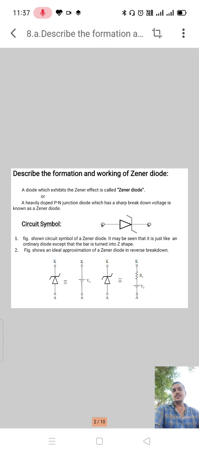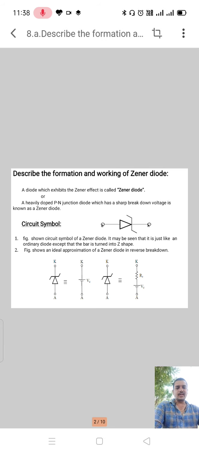Reverse voltage at which current increases suddenly and sharply is one important parameter in the reverse bias characteristics. Next, third one, this is known as Zener breakdown voltage.